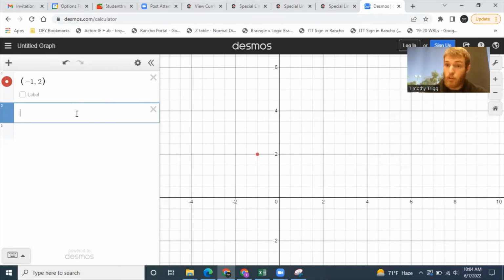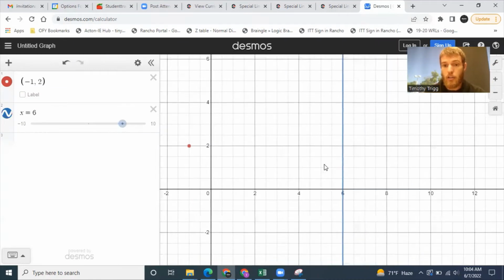Well, any vertical line will be in the form x equals something, just a constant, okay? So x equals 6. Oh, look at that. My blue line here is just a vertical line that passes through the x coordinate of 6. So notice x equals 6 is a vertical line. See that?